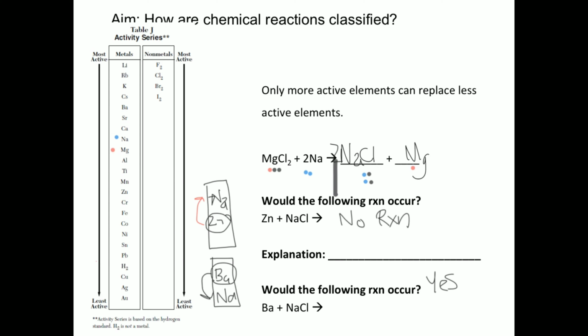So sodium will be by itself, and barium will bond with sodium's partner, chlorine. Now barium has a +2 charge, and chlorine has a -1 charge, so 2 chlorines are required. The last step is to balance this equation.